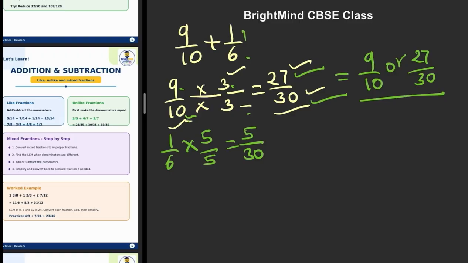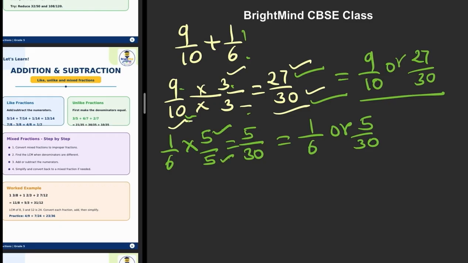So it means 1 by 6 or 5 by 30 represents the same value. So we have to multiply by 5 to the denominator and the same to the numerator as well.